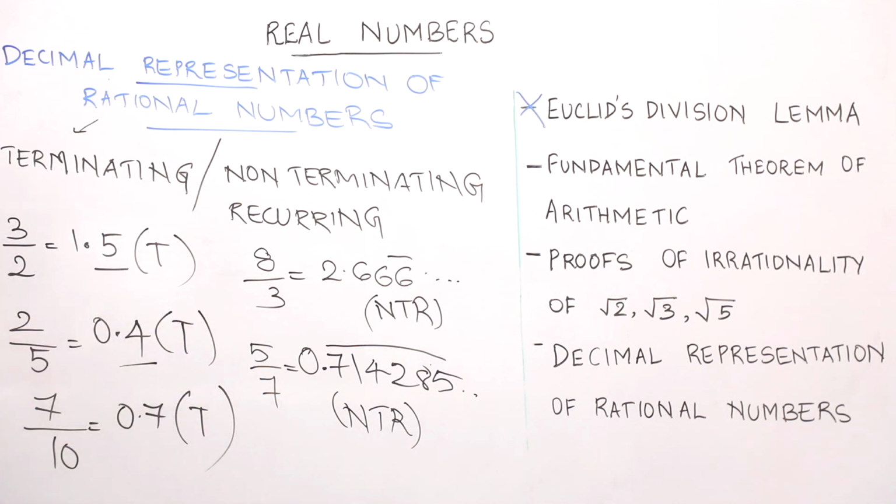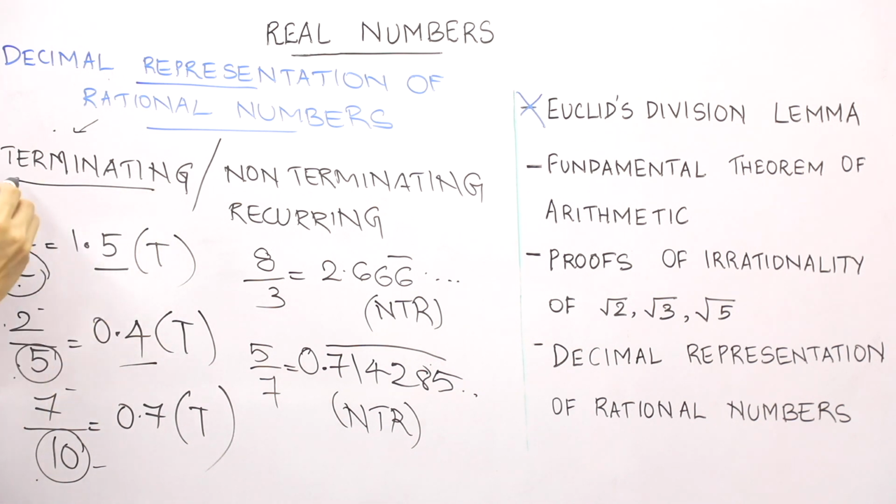So based on these patterns, we can infer a result. When you express a rational number in its p by q form, and the prime factorization of the denominator q has only powers of 2 and 5, then it is a terminating decimal representation.